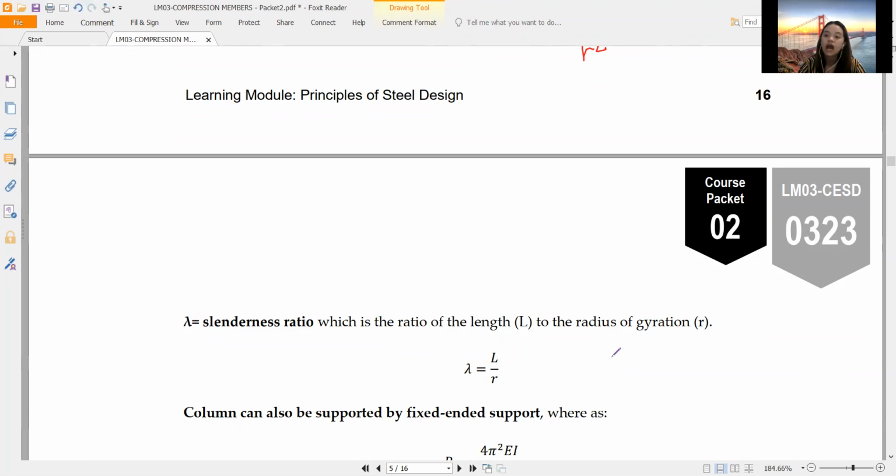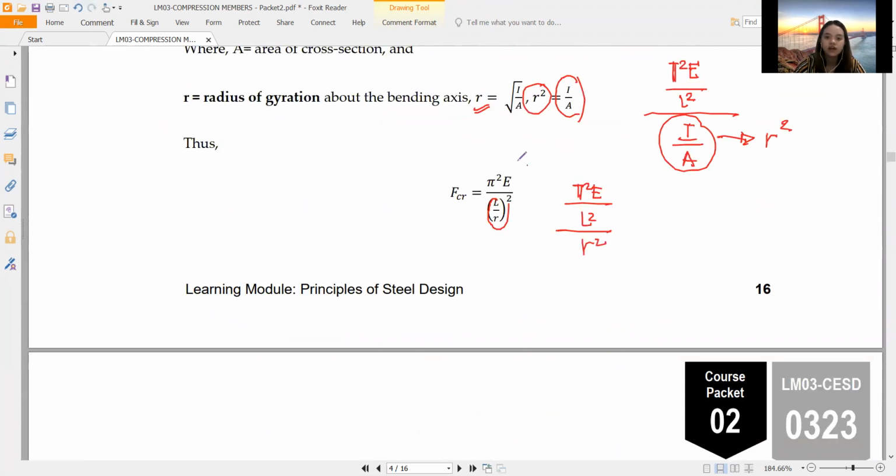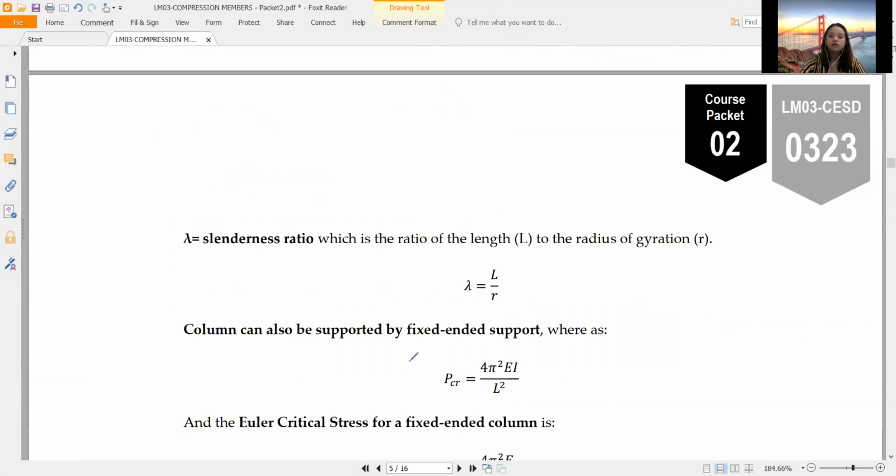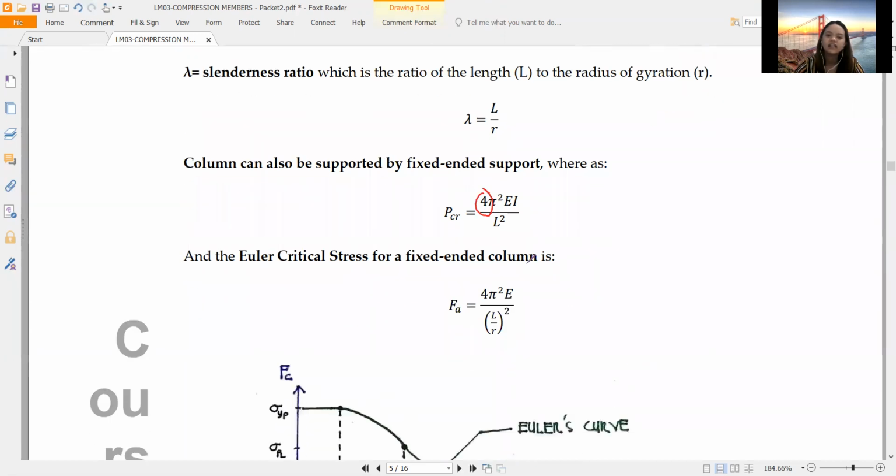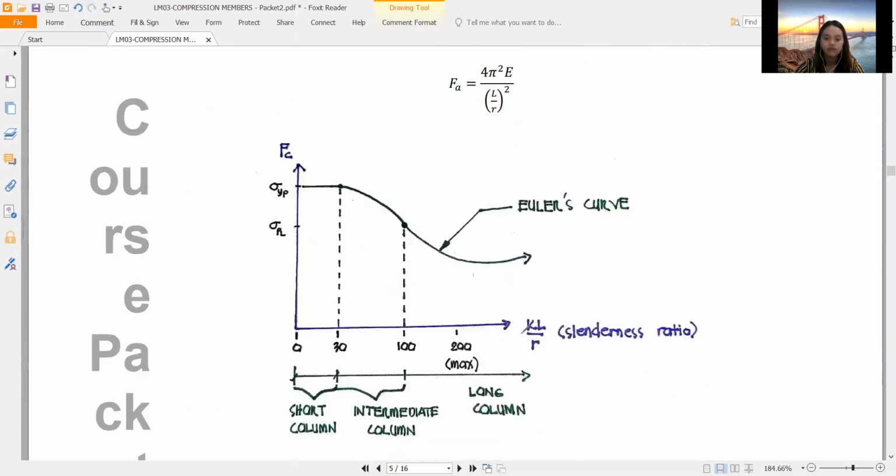It is the ratio of how slender your length is compared to your radius of gyration. So, yun yung formula natin for a hinge-ended column. Pagka fixed-ended support, yung critical force natin is minimultiply lang natin into 4. And of course, yung stress din natin would also be multiplied by 4.